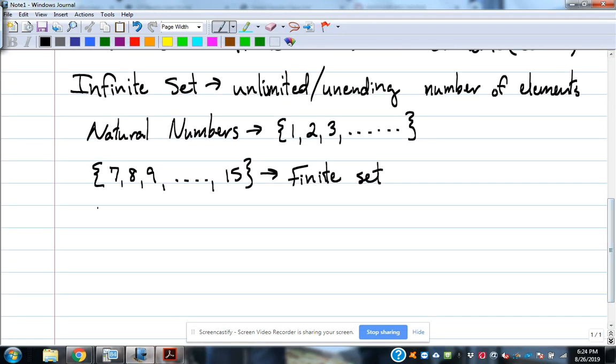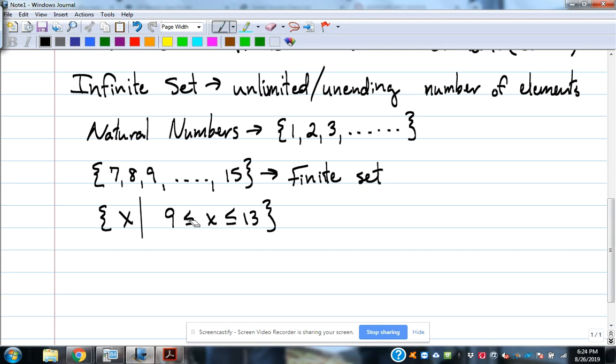Another way that a finite set might be written would be curly braces, and they might use an inequality. What does this inequality right here say X is?